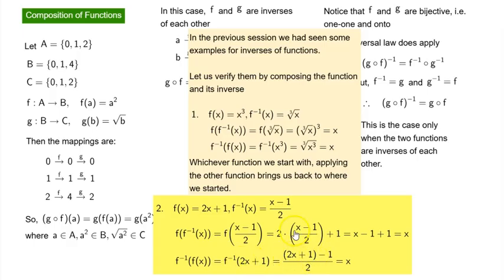That is why we have 2x plus 1 minus 1 divided by 2, which again gives us x. Therefore, f composition f inverse is equal to the identity on the range of f, and f inverse composition f is equal to the identity on the domain of f.